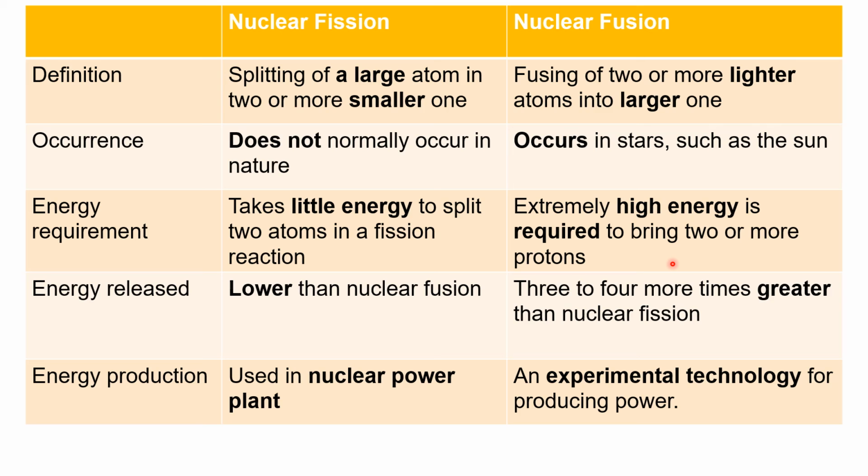And lastly, for energy production, nuclear fission is used in nuclear power plants, whereas nuclear fusion is an experimental technology for producing power. Since both release energy, that is why they are used for energy production.